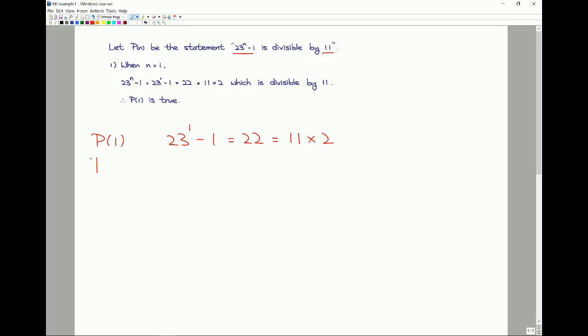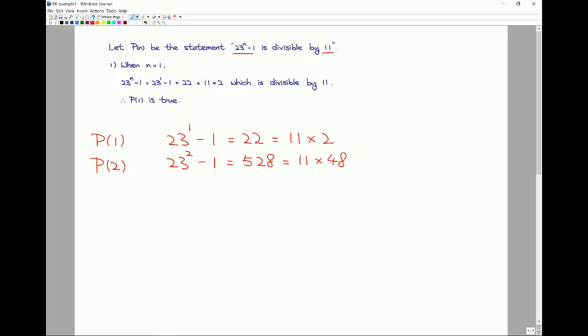The statement P2 means 23 to the power 2 minus 1 is divisible by 11. And again, it is true since it equals 528, which is 11 times 48.